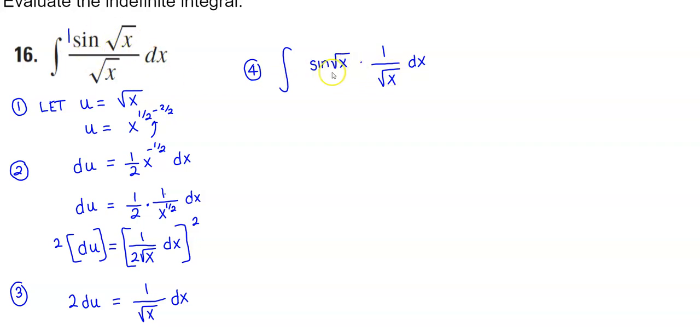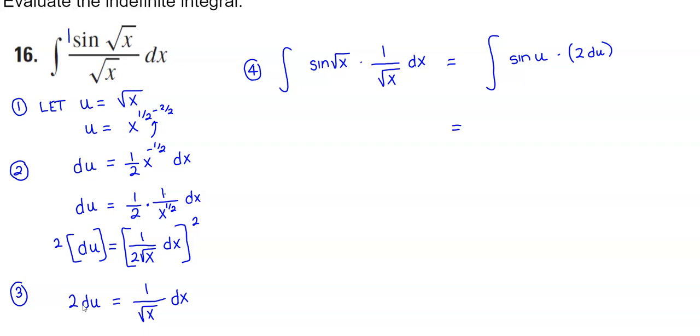And this allows me to then see the substitution. So let's go ahead and substitute. We have the integral, the sine of the square root of x, which we said was equal to u. So that's the sine of u times, well, 1 over the square root of x dx is equal to 2 du. So that's times 2 du.